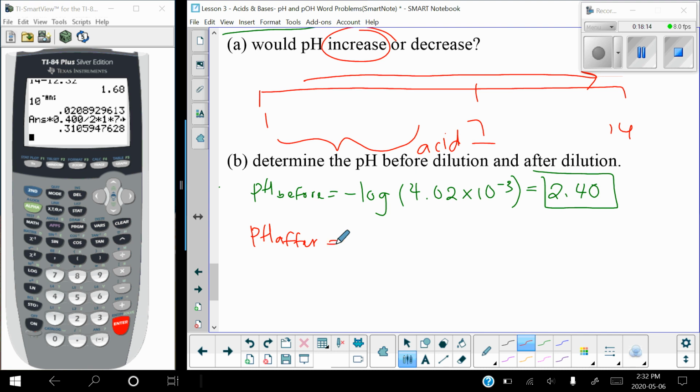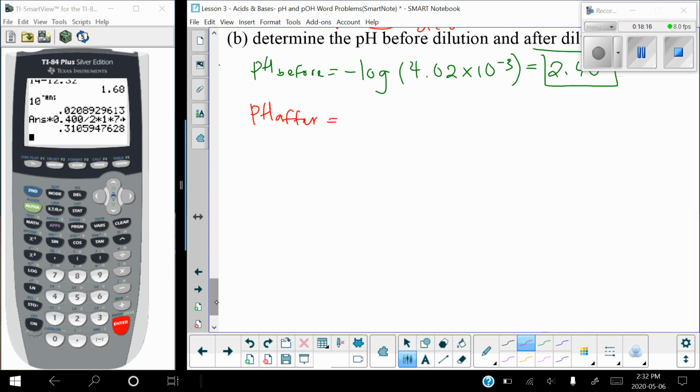I first need to find the hydronium concentration. We're going to use our formula C1V1 is equal to C2V2. C1 is equal to 4.02 times 10 to the negative 3 moles per liter. V1 is equal to 10 milliliters.